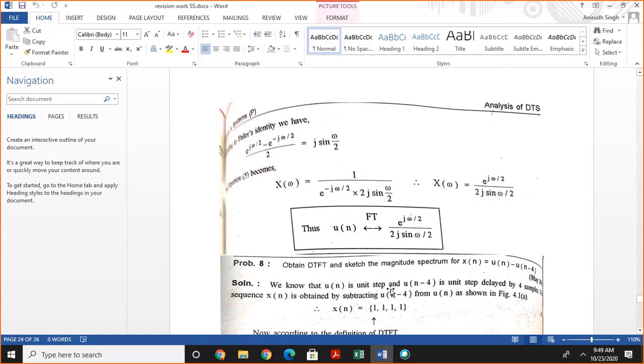We can write this equation like this, and this is in the form of a geometric series formula. We can easily find the summation of this, which is written like this, and we can solve this and we get the DTFT of u of n.